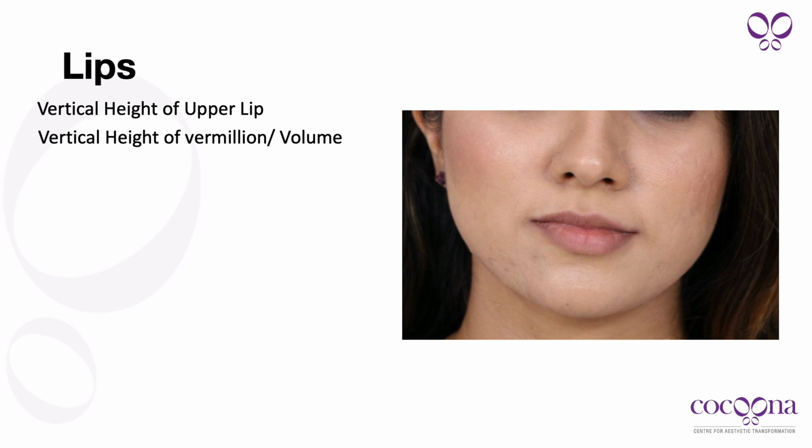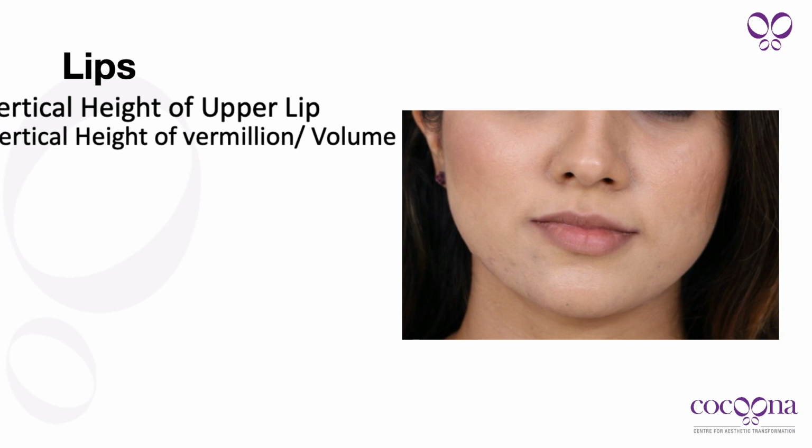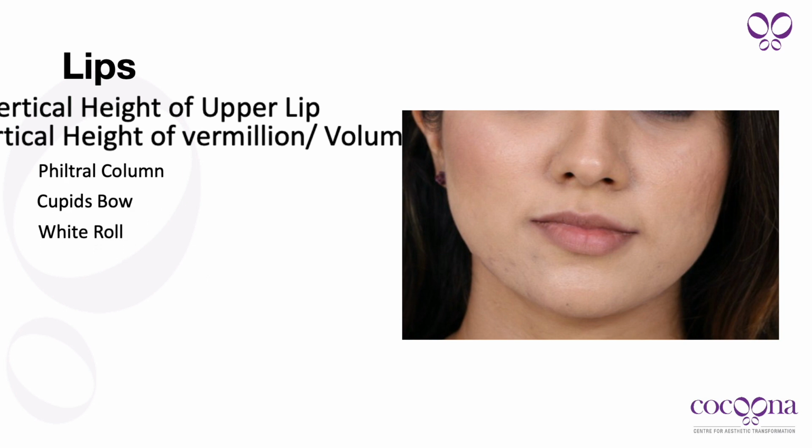She does not have a very well formed white roll. She has a good Cupid's bow and a reasonably good philtral column. So vertical height of the upper lip is very important to assess before you do the fillers. So we have analyzed the philtral column, the Cupid's bow, the white roll, the dry vermilion, the wet vermilion, the modulus, and finally the symmetry not only of the lip but of the whole face.